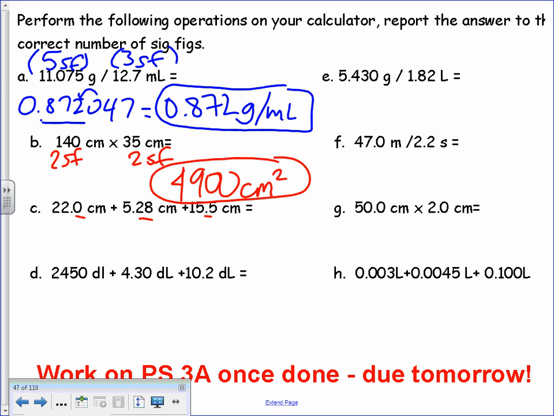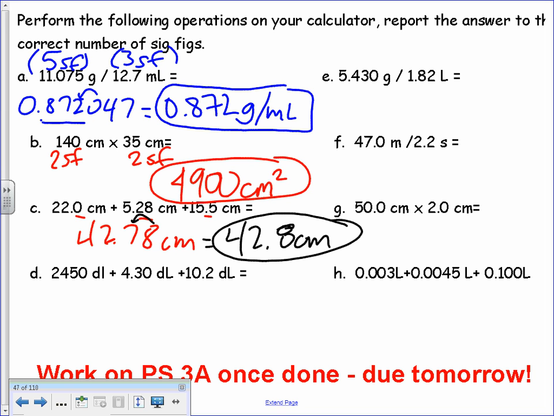Full answer? 42.78. With units here? Centimeters, because when you add, you just take the unit as is. This must be what? Rounded, because we can only record one decimal. So does the 8 influence the 7? Yep, so 42.8 centimeters.